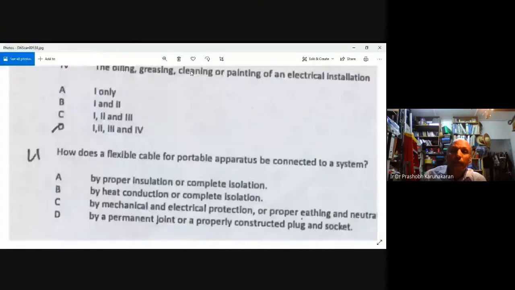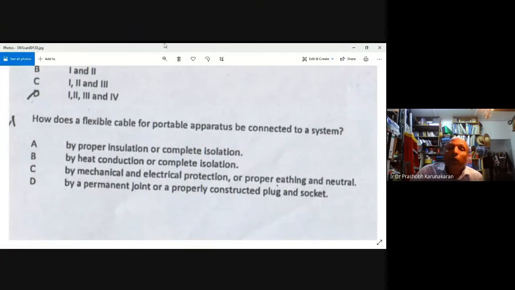Okay. Next one. How does a flexible cable for portable apparatus be connected to the system?